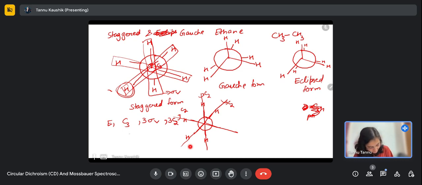So here we have D3D point group in this molecule.